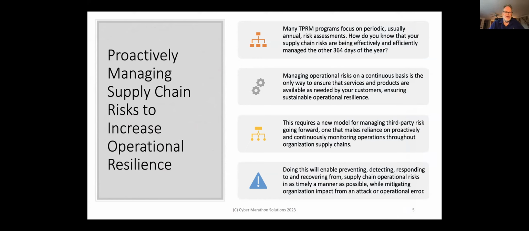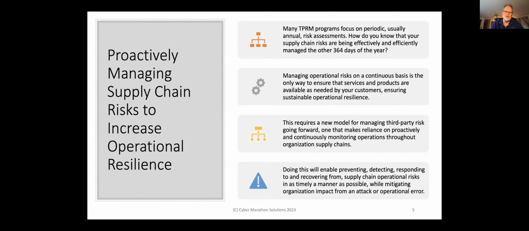Proactively managing supply chain risks. What we're really trying to do is ensure that we build sufficient operational resilience into how we manage our third parties so that our critical business functions can continue to deliver for our customers. And as part of that, you need to understand on an ongoing basis where risk is occurring.